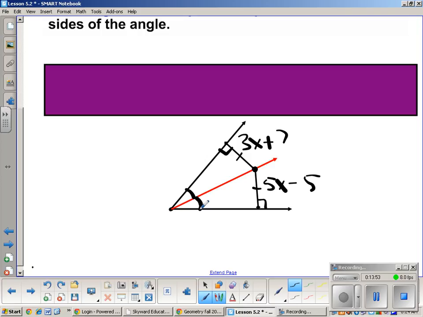That means the red line is the angle bisector, right? And so you're saying that I say 3x plus 7 is equal to 5x minus 5. So let's try that. 3x plus 7 equals 5x minus 5. Sorry, my bad. I got too big of a marker there. So 3x plus 7 is equal to 5x minus 5. Okay? So how do I solve that?